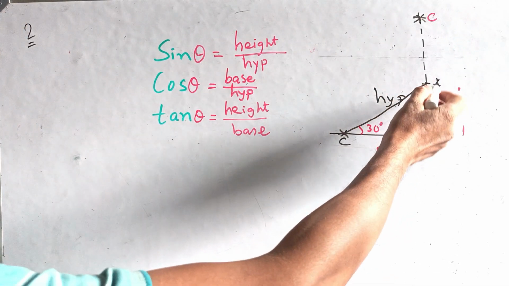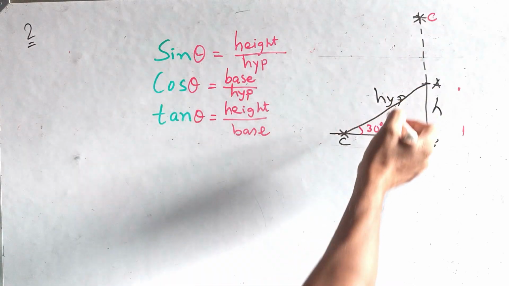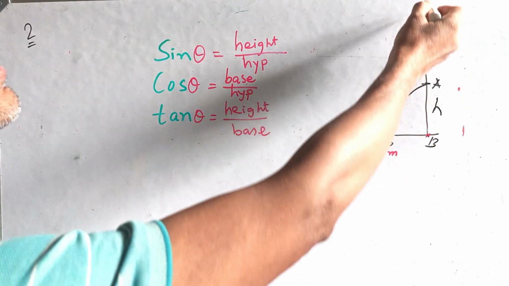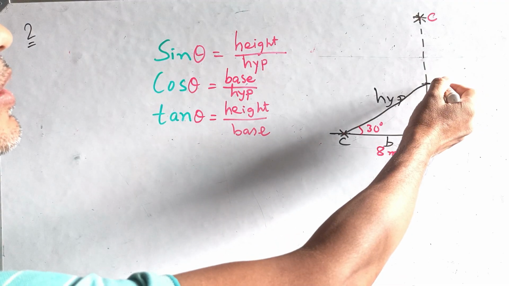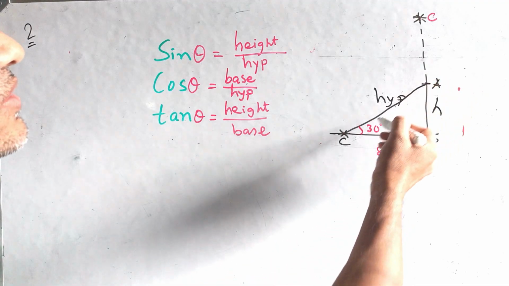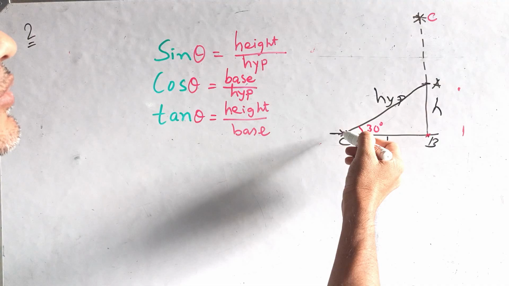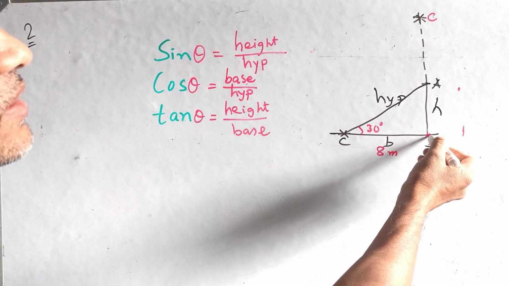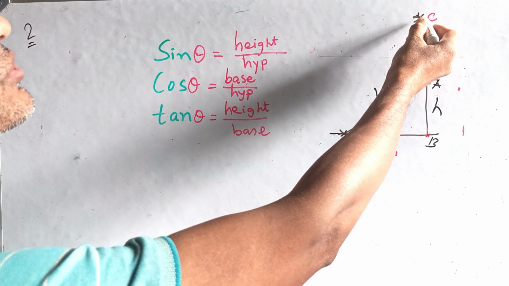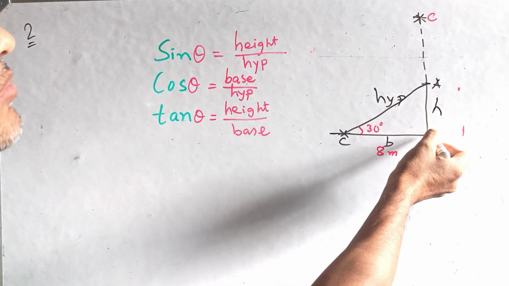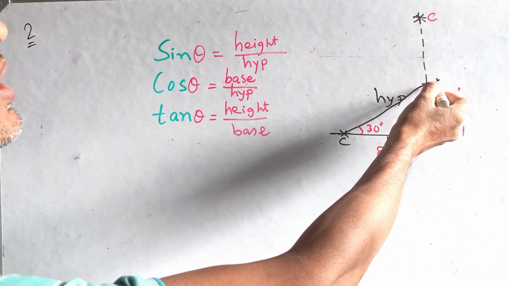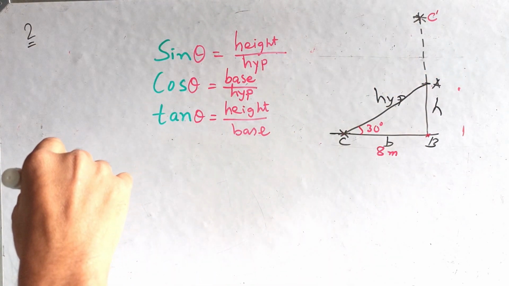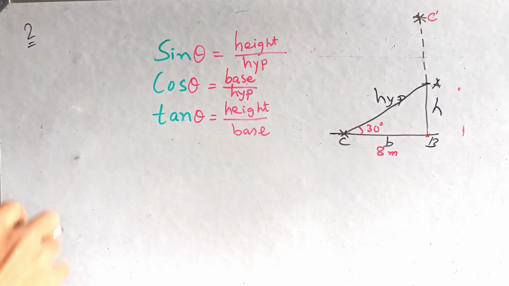If you erect the tree again, this is the AC part. So you have to find AC and add it with AB, because to find the total height of the tree you have to find AB also, and this AC part.